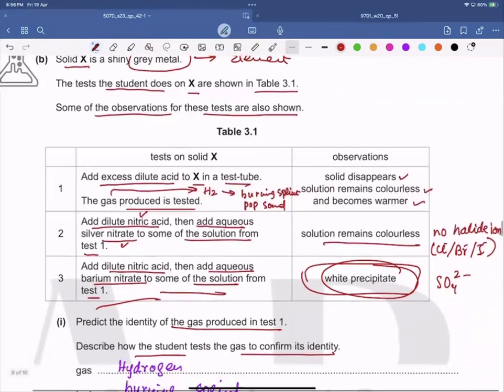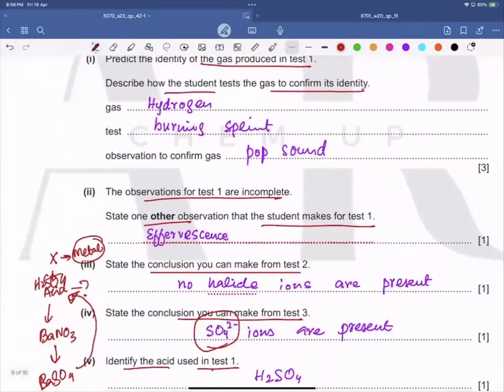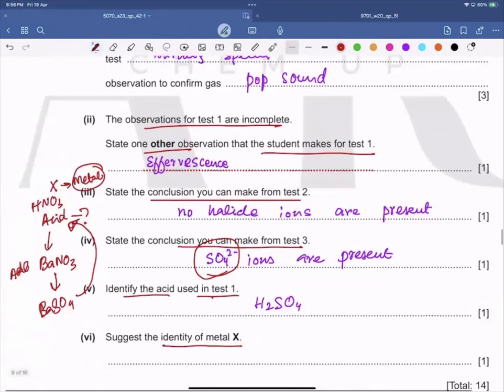So the thing that you are asking, Khatija, is that if this acid is nitric acid, let's suppose, and you are adding barium nitrate to it, then we are going to observe no change, right?